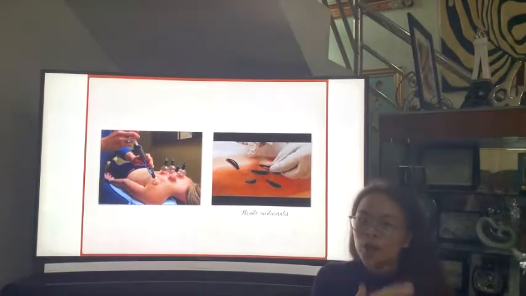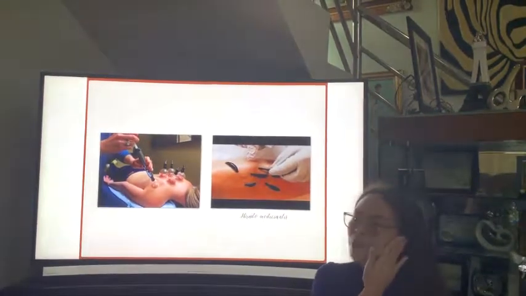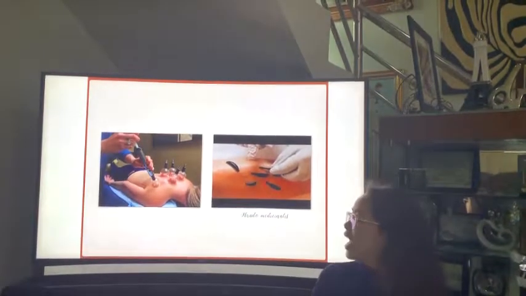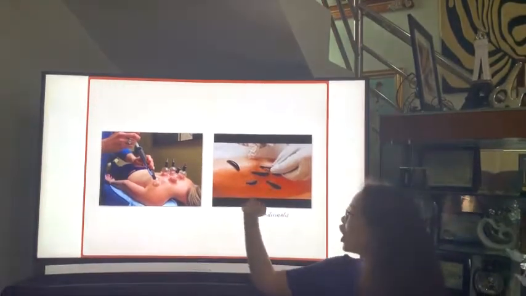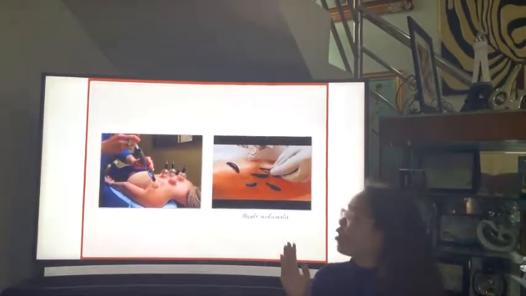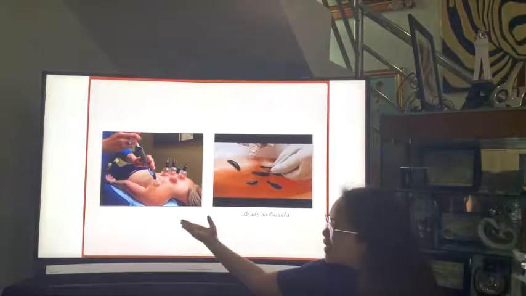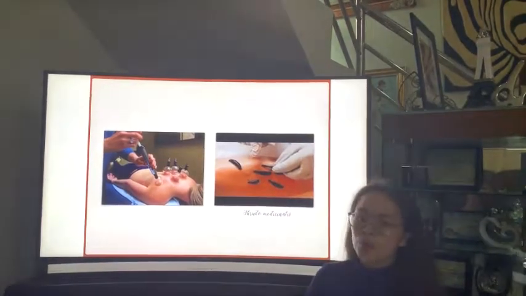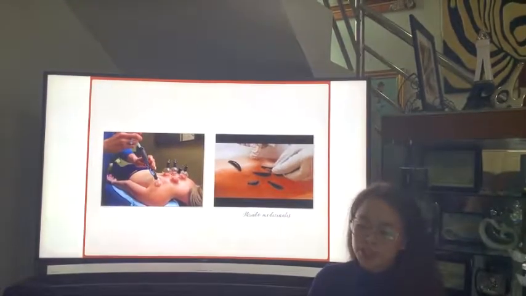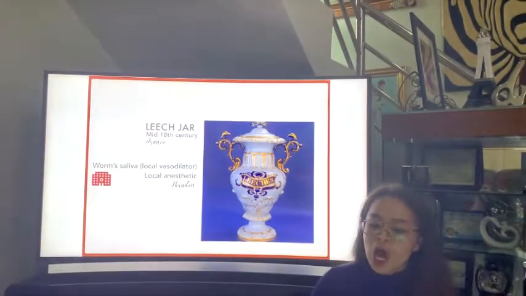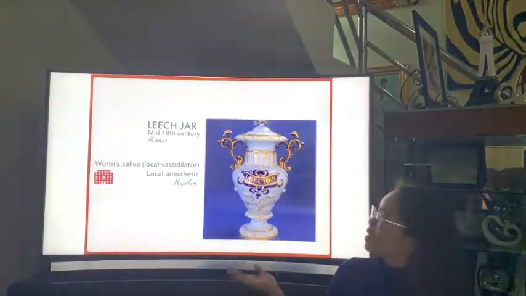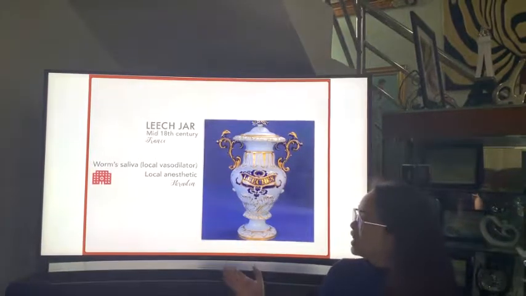They are blood-sucking animals that helped people with their medication by getting blood. Nowadays, we don't use leeches. We now use cupping, and the most common is venipuncture, which uses needles. We have a leech jar from the mid-18th century in France.